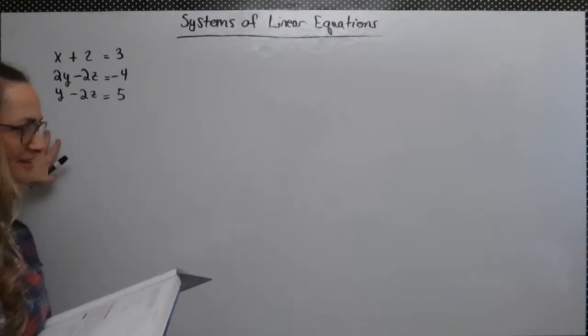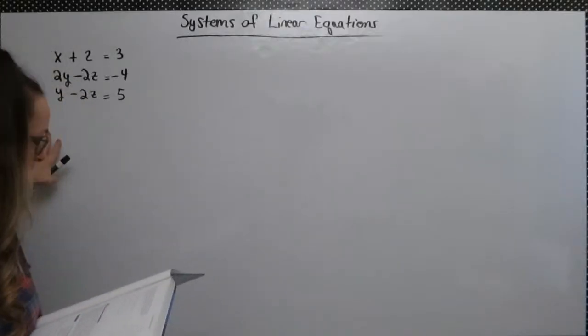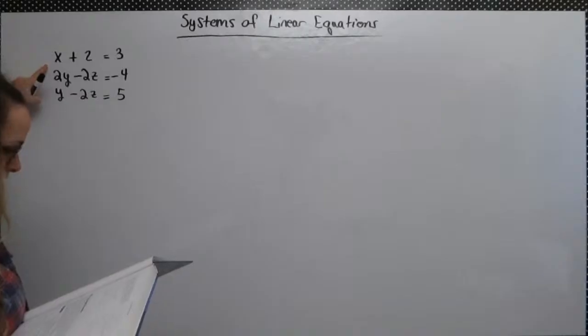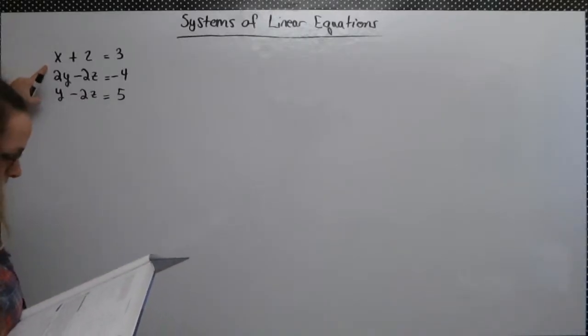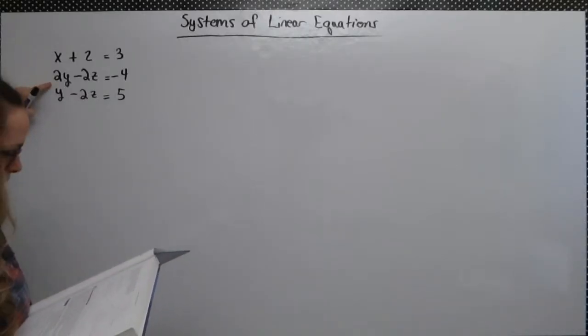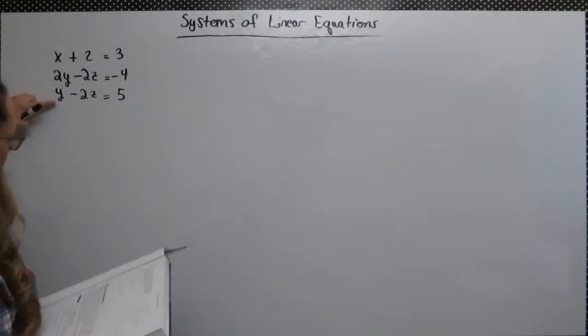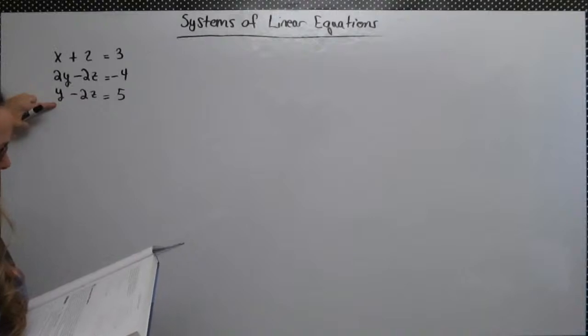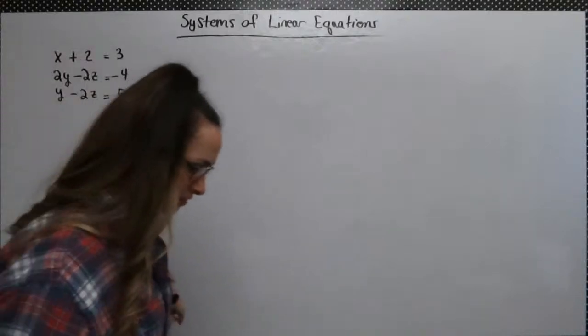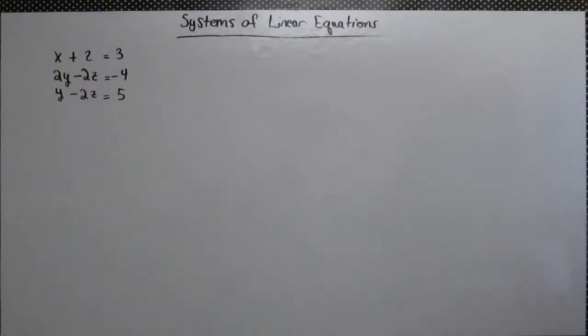I'm just making sure that I got it right. So I have x plus z equals 3, and I have 2y minus 2z equal -4, and we have y minus 2z equal 5. Okay, very good. Just double checking I wrote it down correctly.